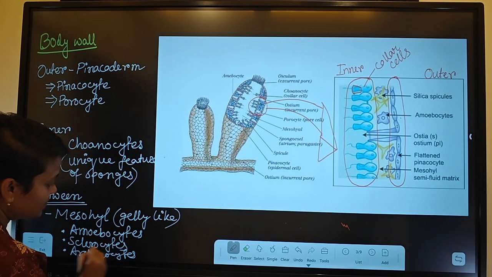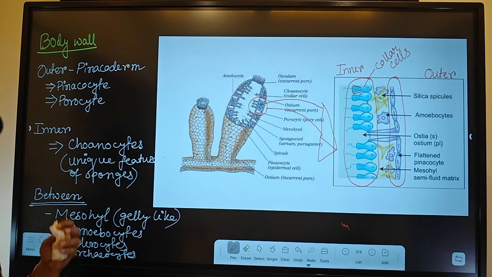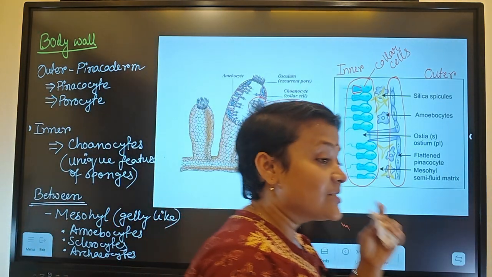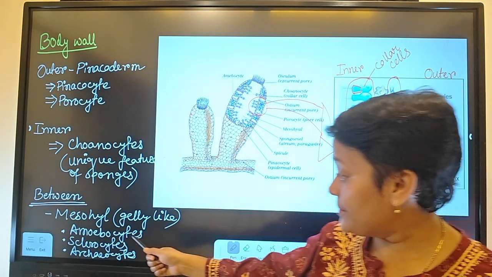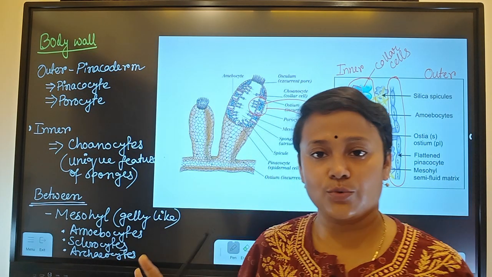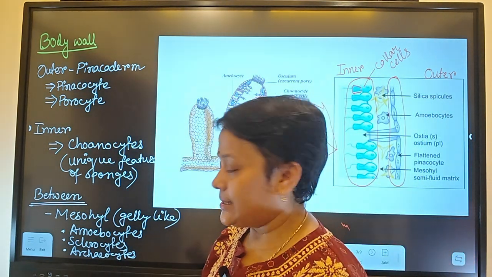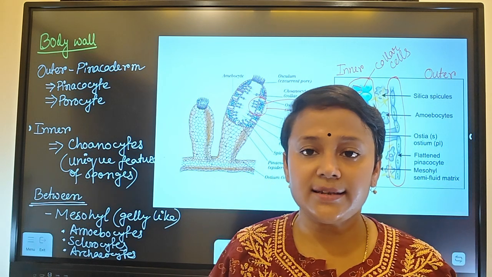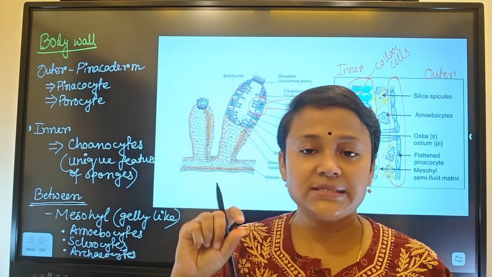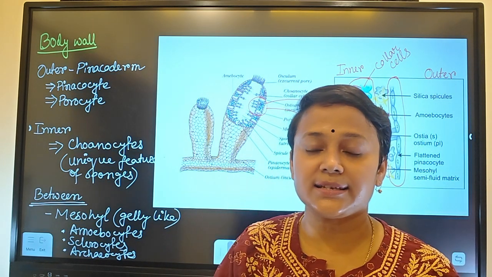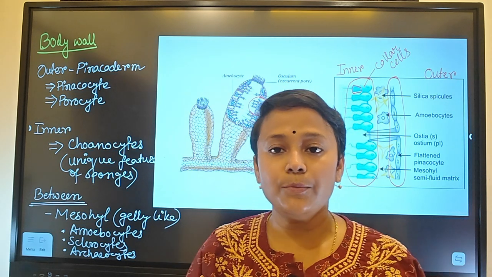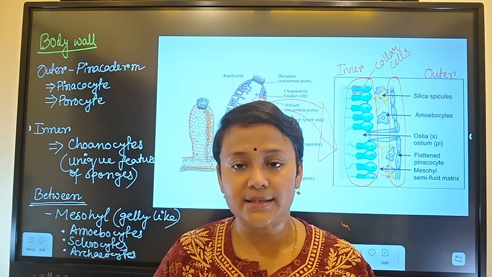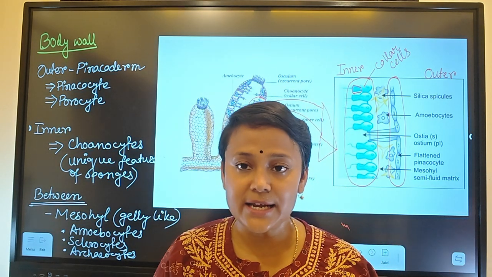Actually, the function you don't have to remember or recall. Amoebocytes will have different roles. Sclerocytes can produce the endoskeleton, which is called spicule, a spike-like endoskeleton. Endoskeleton means, like we have bones as an endoskeleton, the skeleton which is present inside the body.